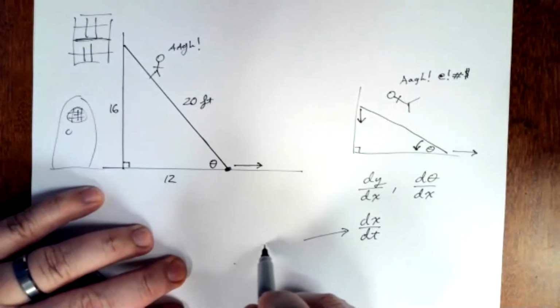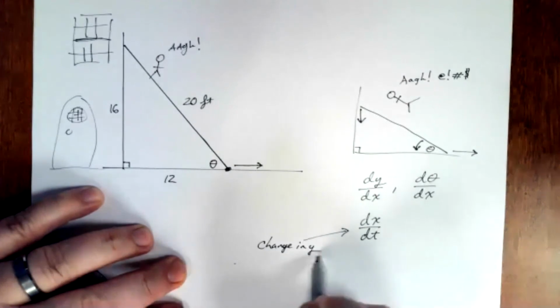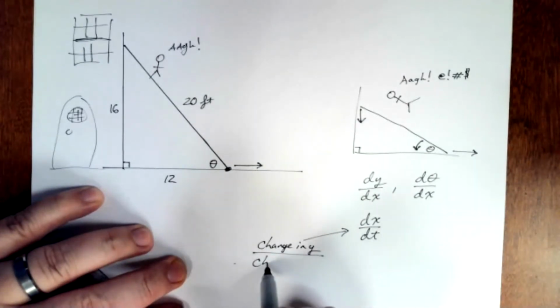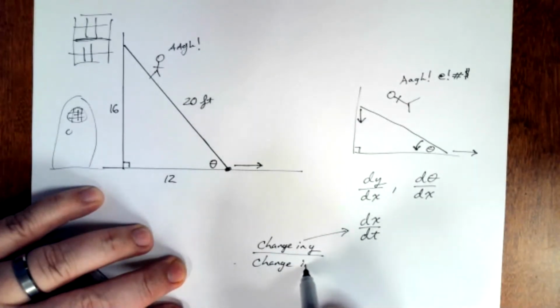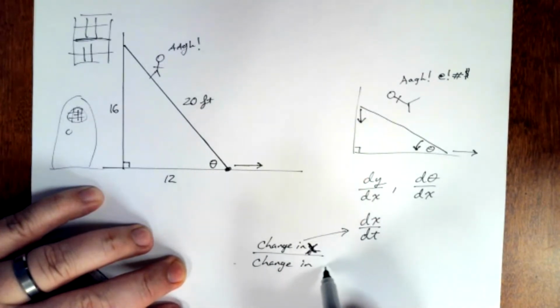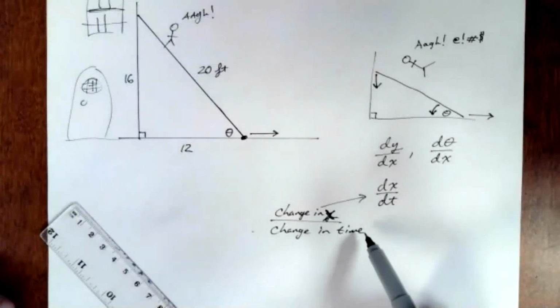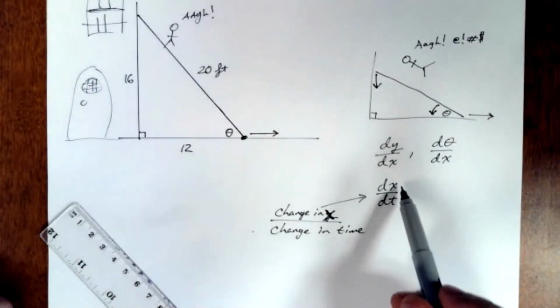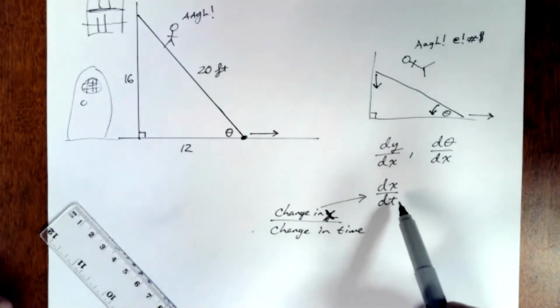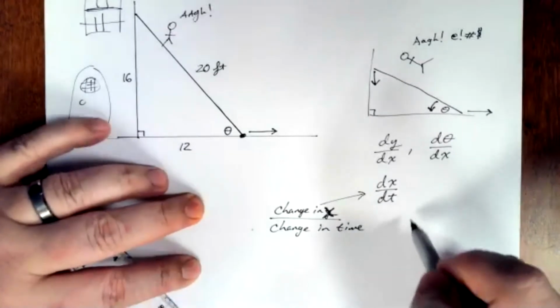This is the change in y divided by the change in time, sorry, not x, change in time. How much am I moving in a certain amount of time? This is speed.